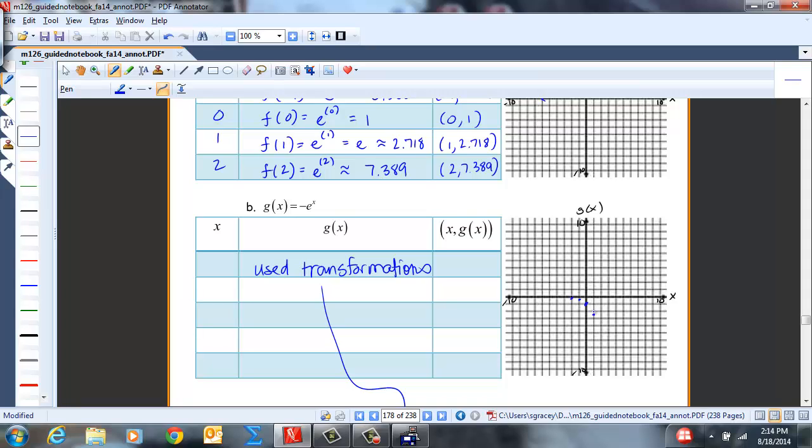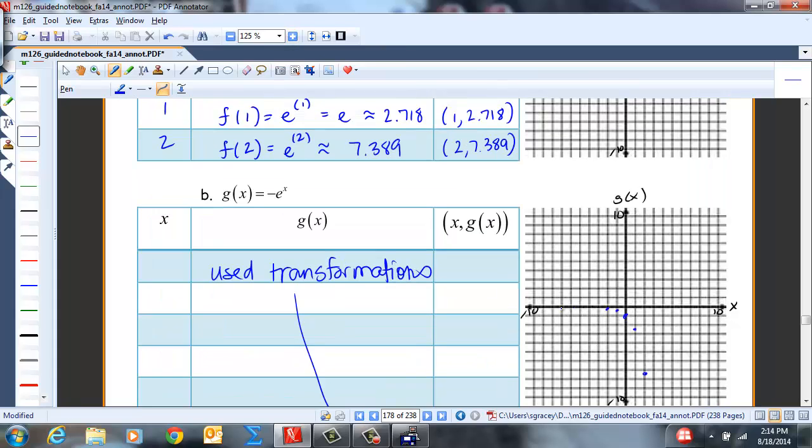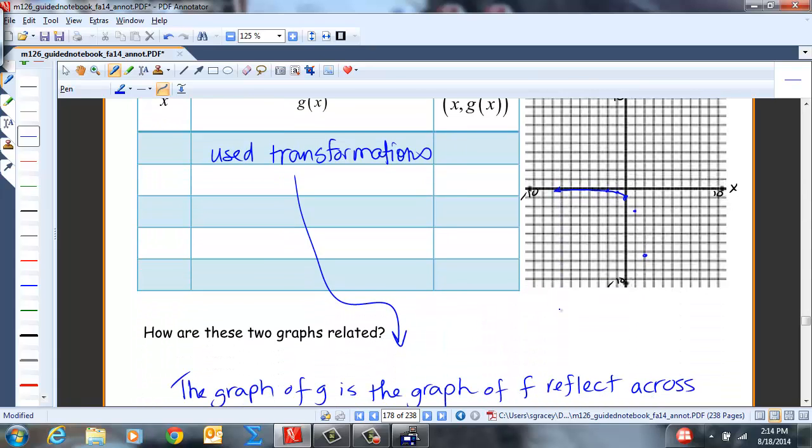And then at 2, -7.4-ish. All right. So then our graph will be like this.